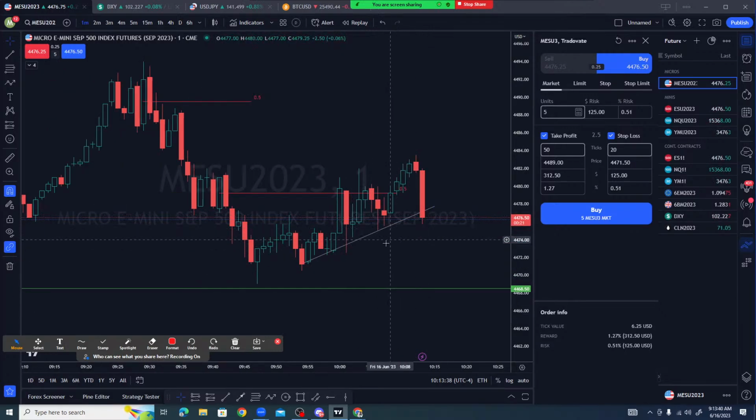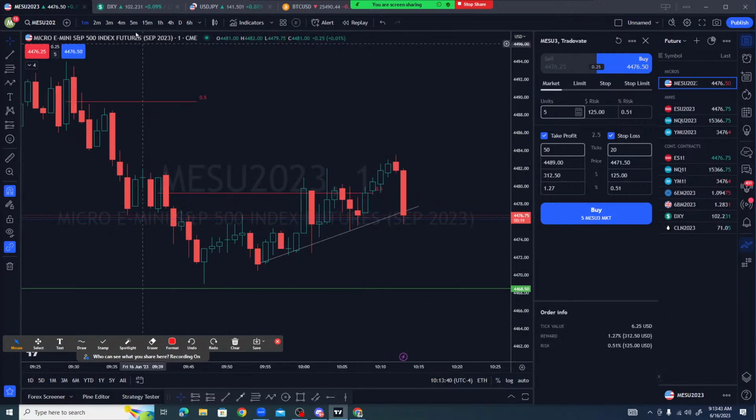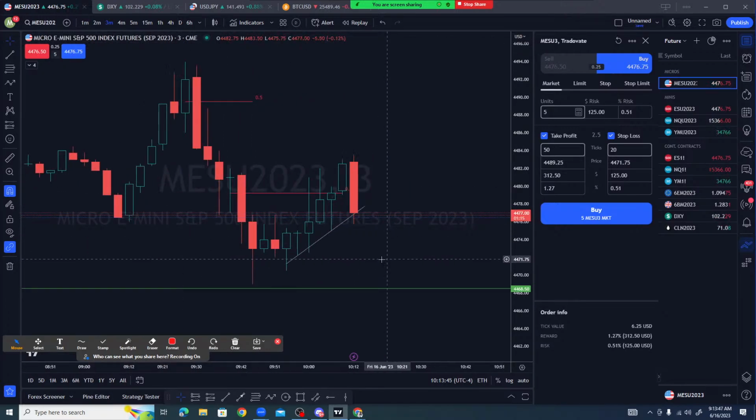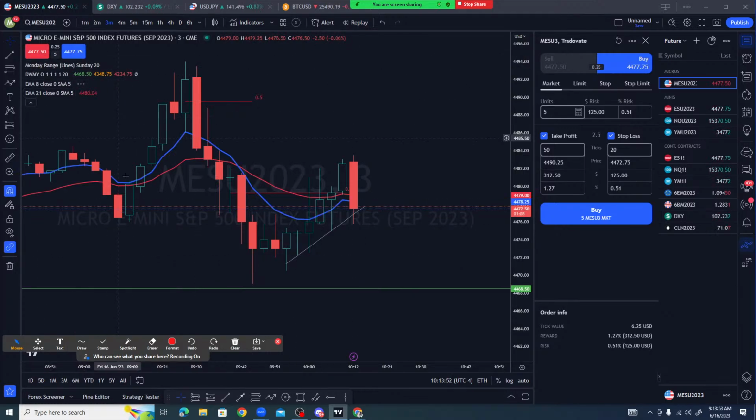So we're breaking down into that liquidity. Let's look at it on a higher time frame. Let's see, what are the moving averages telling us? It looks like we're leveling off a little bit.